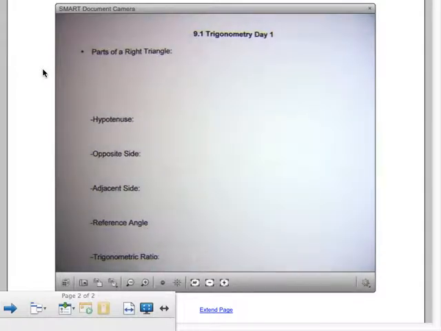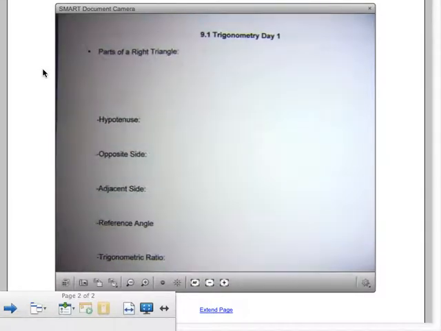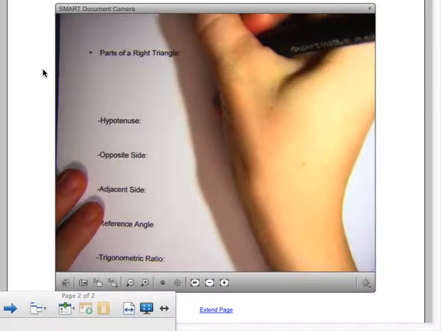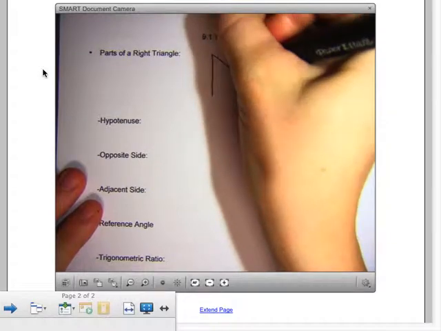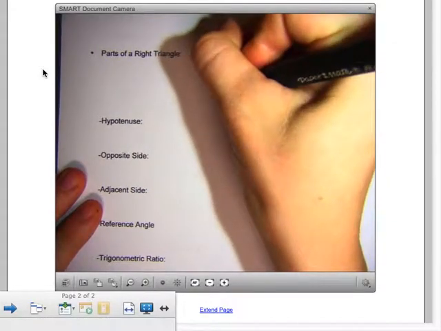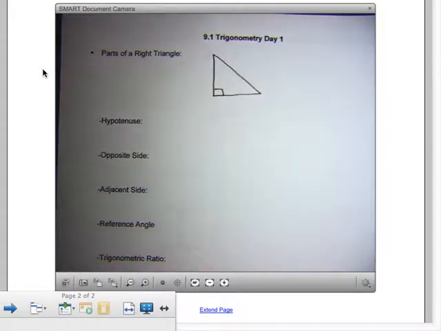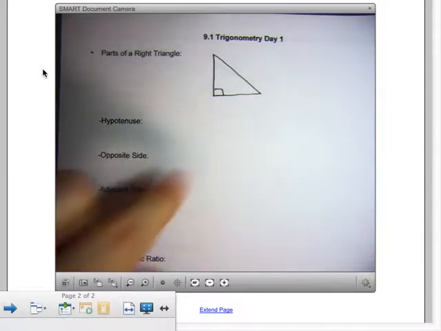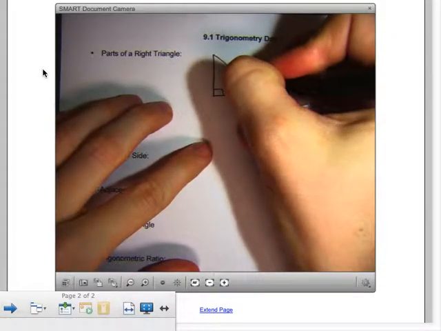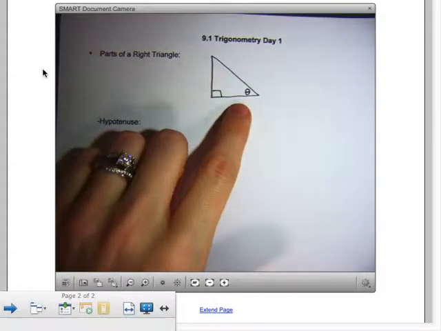Okay, so this is your first day of trigonometry. So the first thing we're going to cover are just the different parts of a right triangle. So first thing I want you to do is just draw a right triangle. Okay, so there are three different parts, or four different parts. Down here in this right hand corner, I'm going to draw a little theta.